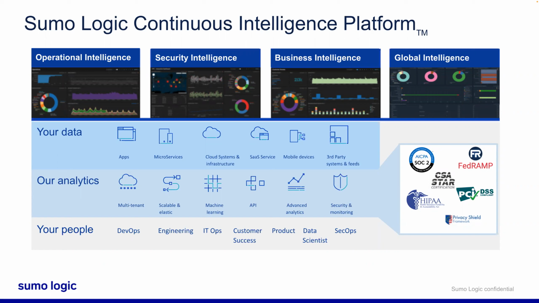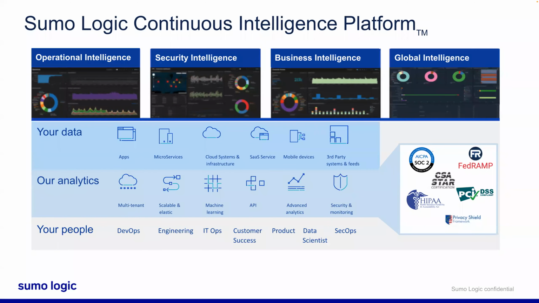Once the data is in there, you can start to take advantage of our analytics, utilizing multi-tenancy. Everything is scalable and has elasticity. There's machine learning, APIs, and advanced analytics, and we're going to talk about some of those a little later because we're going to use some of them, along with security monitoring, making sure everything's good.